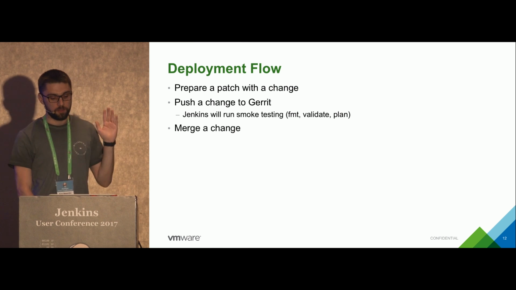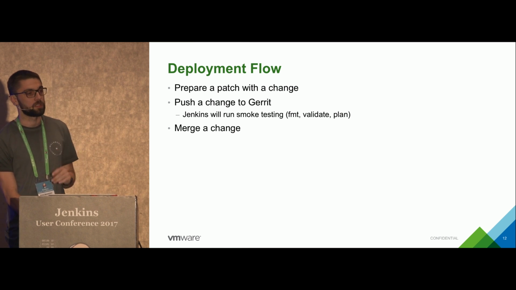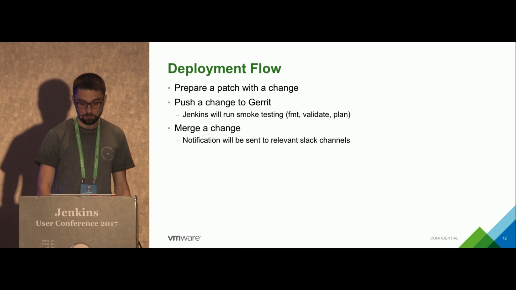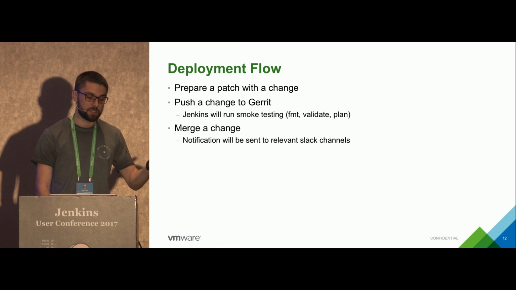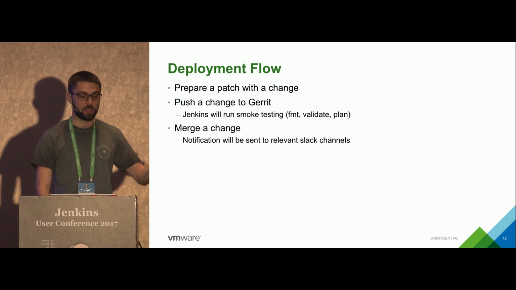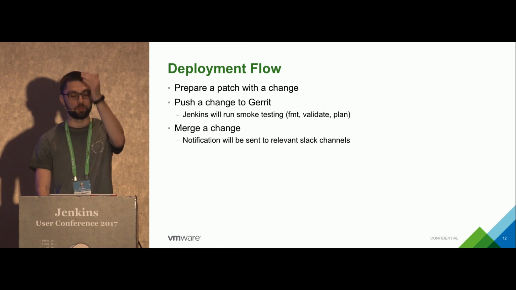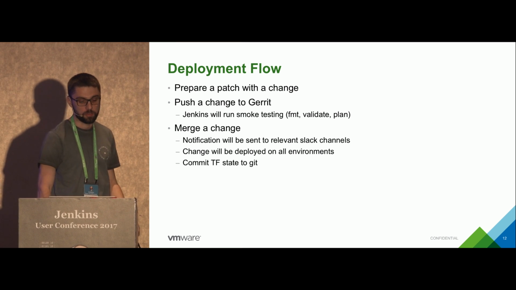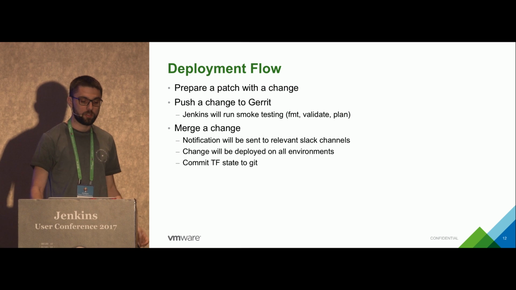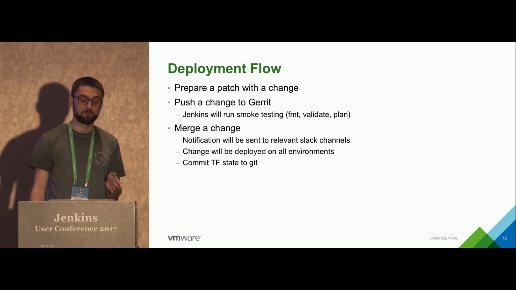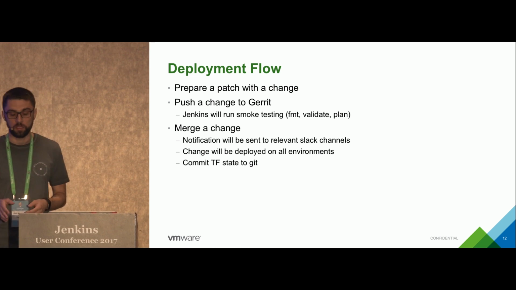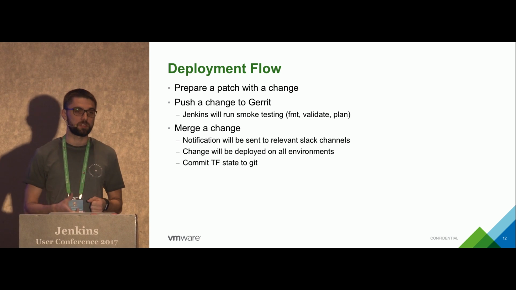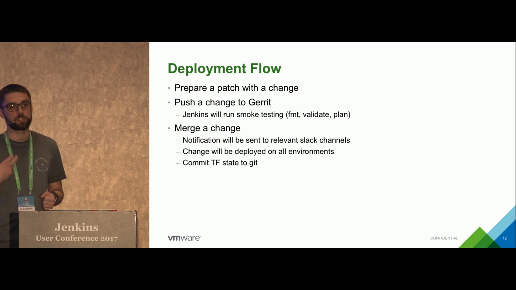So if the validation, plan and formatting are OK, we decide to merge the change, and then we can deploy. The notification is sent to the Slack channels. It happens automatically via our pipelines. And then we deploy the change into all environments, and we commit the Terraform state file to Git. So what is the Terraform state file? Each time that you deploy the Terraform infrastructure, it creates the state file of your actual infrastructure.